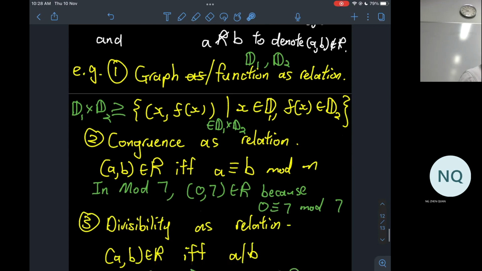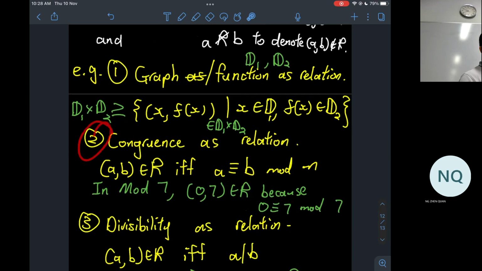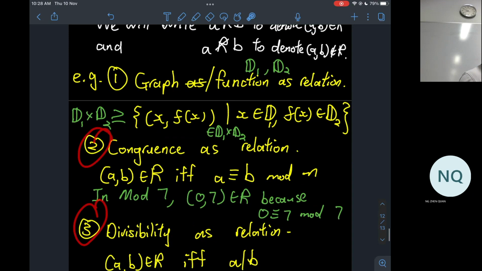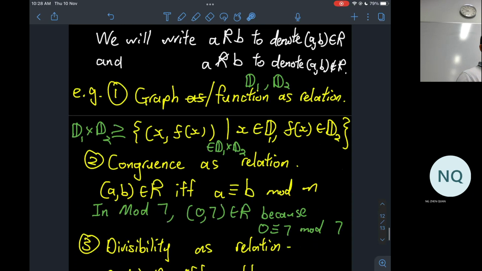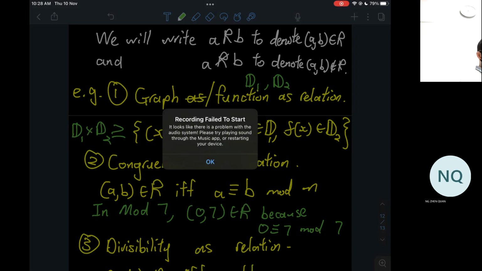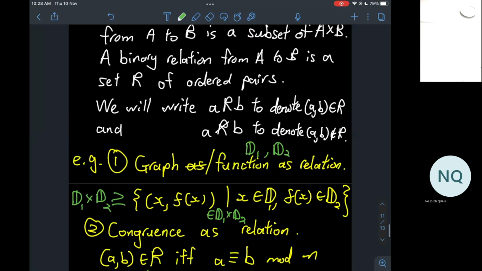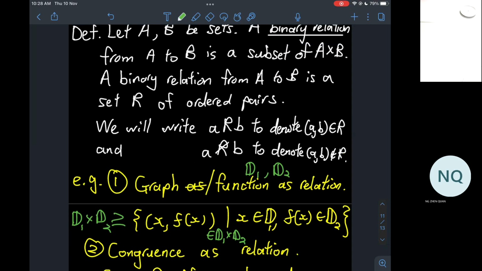So similarly for 2 and 3, you should figure out what your A and B are. You want to try now or do it yourself? So congruence, what are your sets A and B? Congruence is a binary relation from what set to what set?